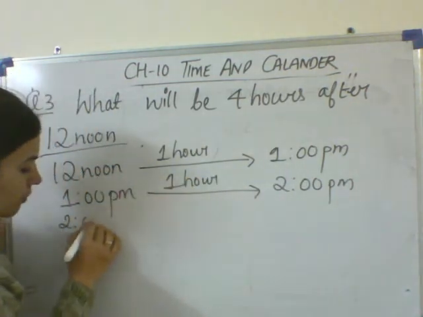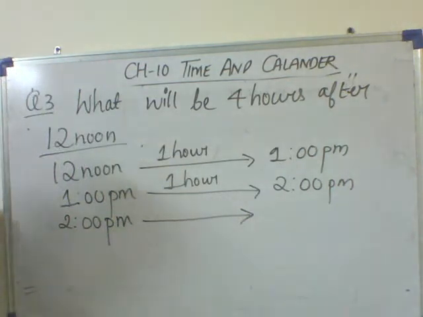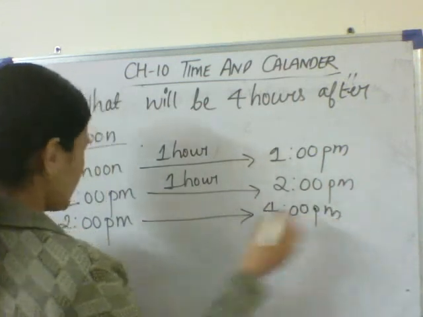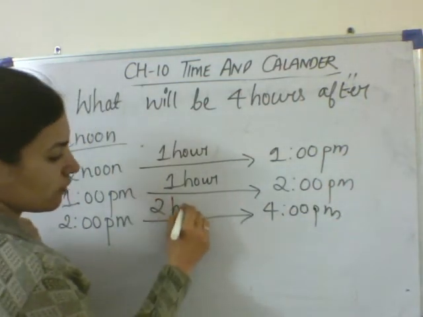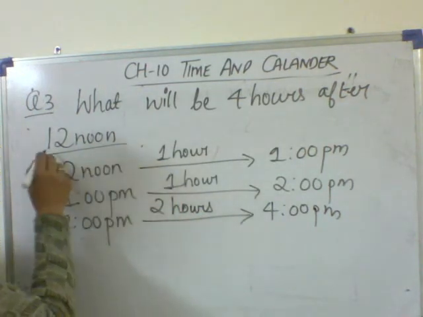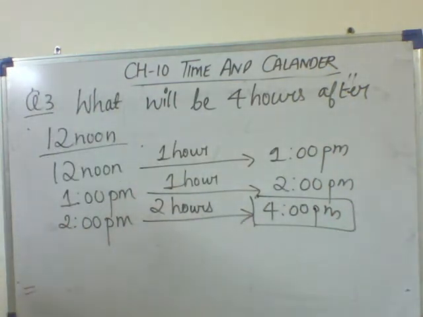Then from 2 p.m. straight away I will be writing now to the 4 p.m. How many? 2 hours. So 2, 3 and 4. So what will be the timing after the 4 hours? It will be 4 p.m.